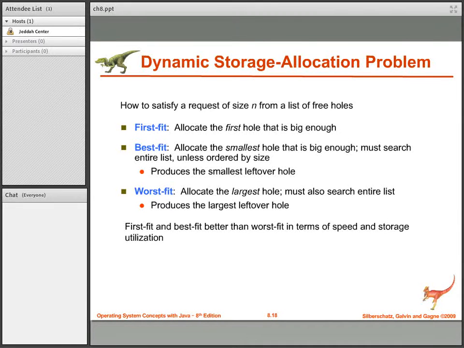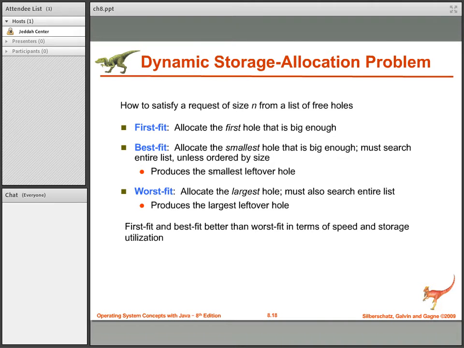Now, this brings in dynamic storage allocation. The question here is how to satisfy a request of size n from a list of free holes. There are a few algorithms that can be followed to satisfy this request. The first involves a first fit algorithm.